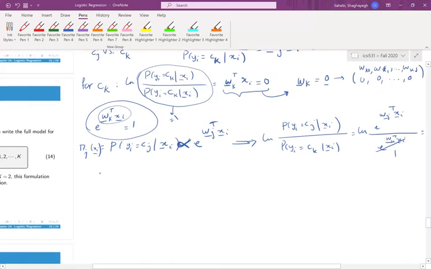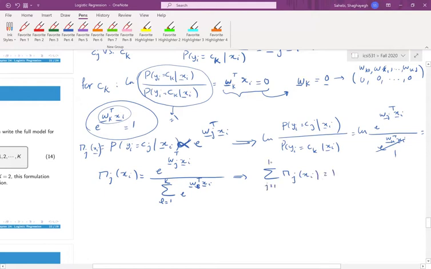So we are going to say that p sub j of xi is equal to e to wj transpose xi over summation of e to w L transpose xi for L equal to 1 to k. So for all of our classes. So this way, we are going to have summation of pj of xi to be equal to 1 for j equals to 1 to k.